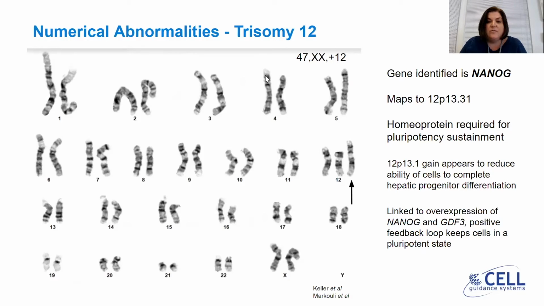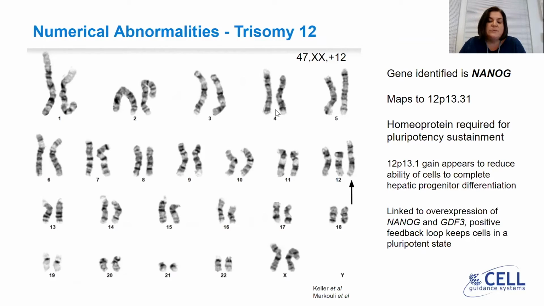But here we've identified that the gene that's important is the NANOG gene, and that maps to the short arm of chromosome 12. It maps to 12p13.31. And this gene encodes a homeoprotein, which is required for pluripotency sustainment. Gain of 12p13.31 appears to reduce the ability of cells to complete hepatic progenitor differentiation.